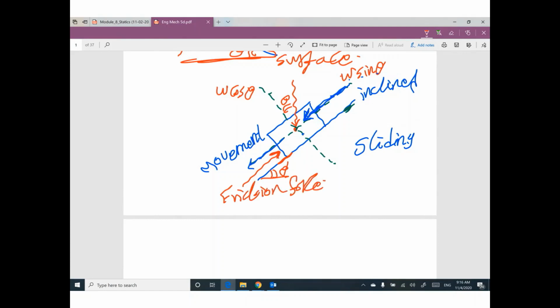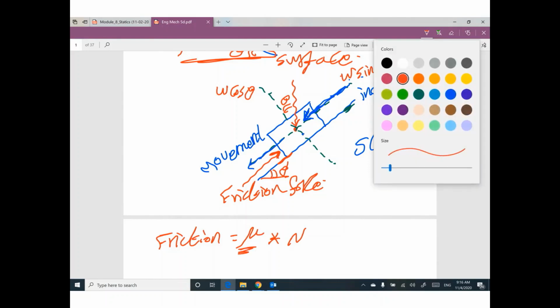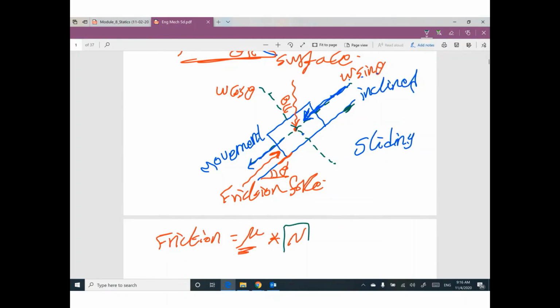This friction force equals mu times N. I understand the meaning of mu. What is the value of N? Do you remember the meaning of N? It is the force perpendicular to the surface. Which force is perpendicular to this surface?